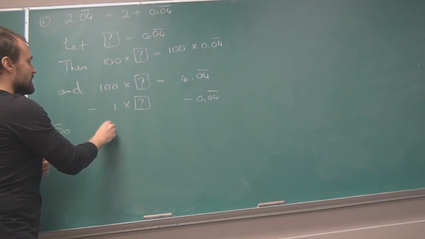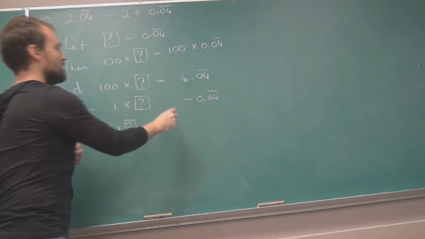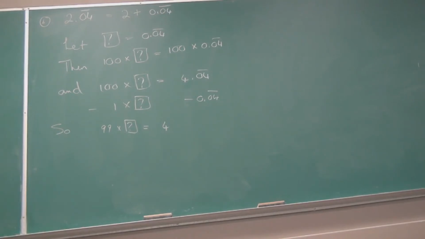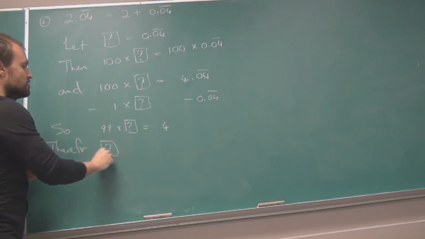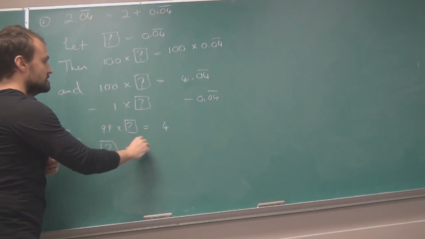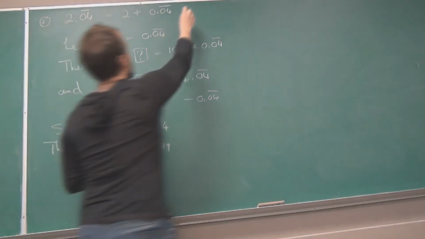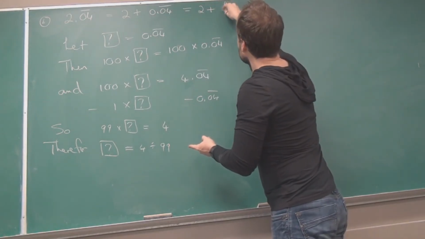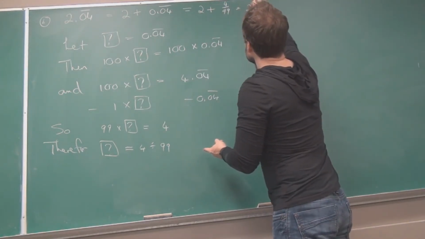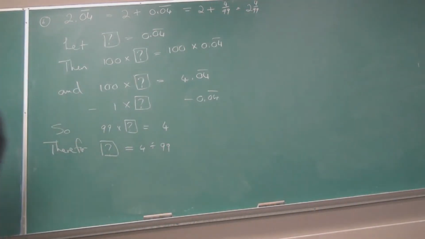So I have 99 question marks on the left and a 4 on the right. Multiplication sentence converted to division sentence like so. And I therefore have 2 plus 4 over 99, or the mixed number 2 and 4/99.